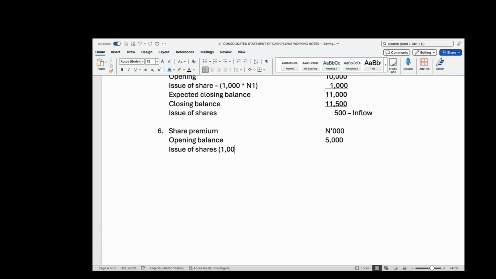The 1 million shares we issued times 1 naira premium. What was the balance? That's 6,000. So what was the closing balance we have? 6,500. The 500 is still sticking out. It shows that premium again. 6,500.